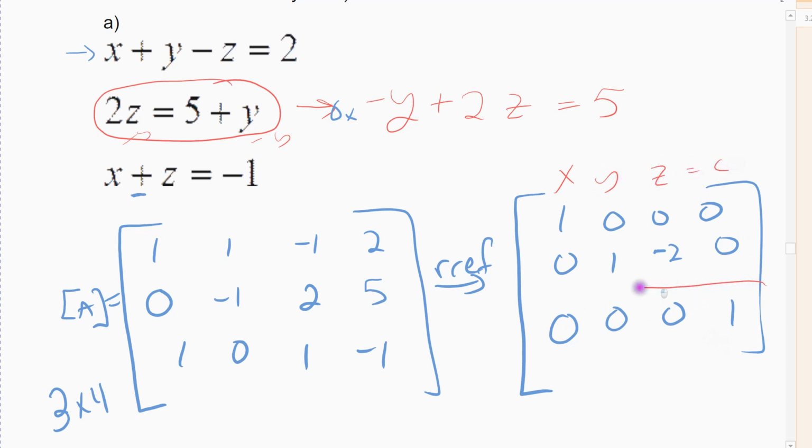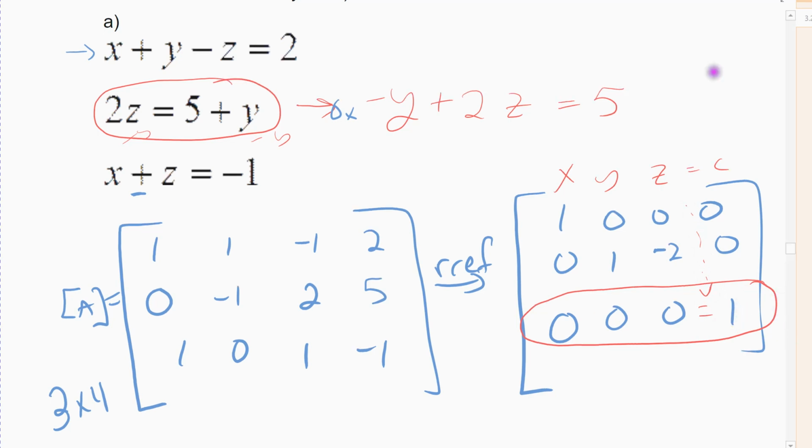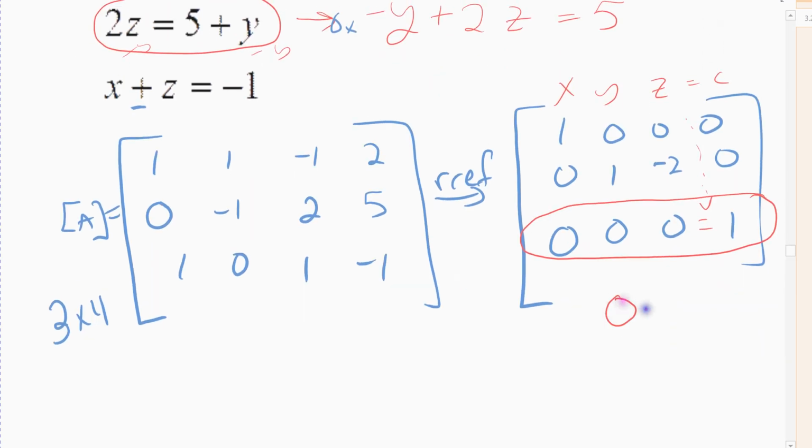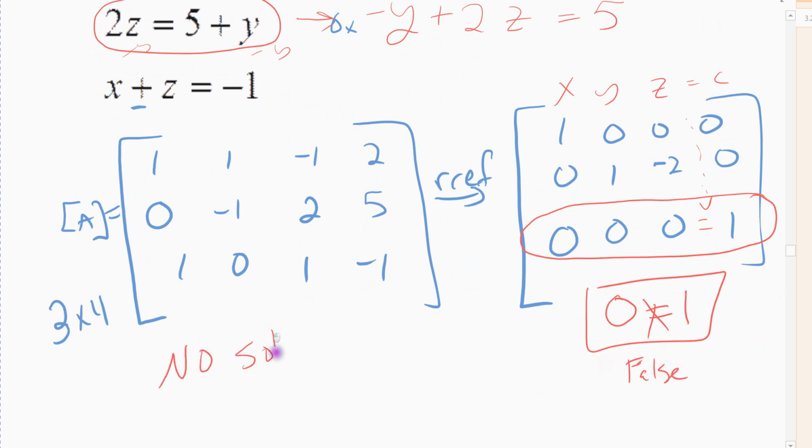And remember, there's that equal sign between the last column and my variable columns. This last row is telling me 0 equals 1. All right, well, I know that's false. 0 doesn't equal 1. And so this is the no solution case.